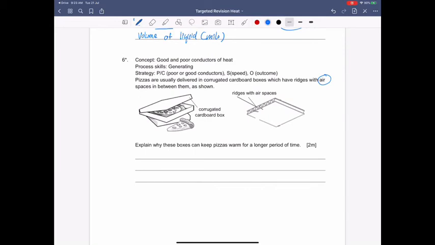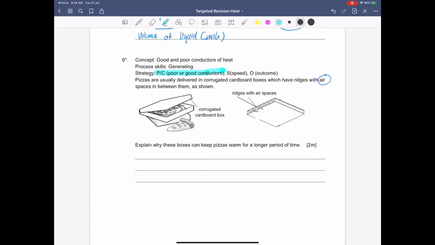So the question goes, pizzas are usually delivered in corrugated cardboard boxes which have ridges with air spaces in between as shown. Explain why these boxes can keep pizzas warm for a longer period of time. So the strategy here for poor or good conductors is P or G, which stands for poor or good conductors of heat.